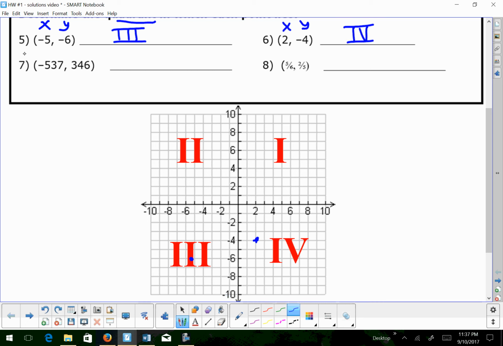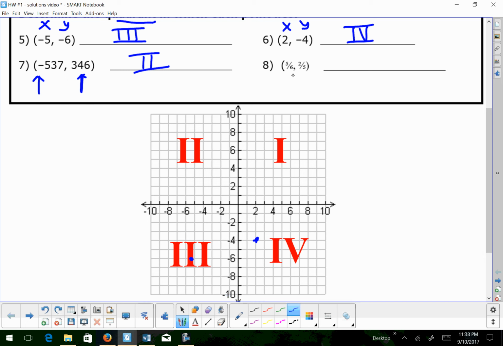Now I deliberately gave you really large numbers for this next question because I don't actually want you finding the location, but just understanding the direction of the signs. A negative x value is to the left and a positive y value would be up. So somewhere here in this second quadrant would be this really high value point.